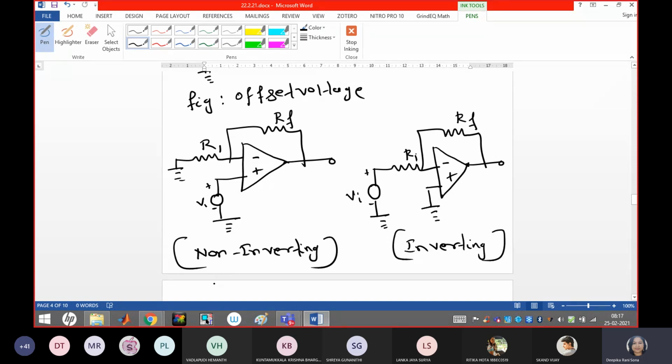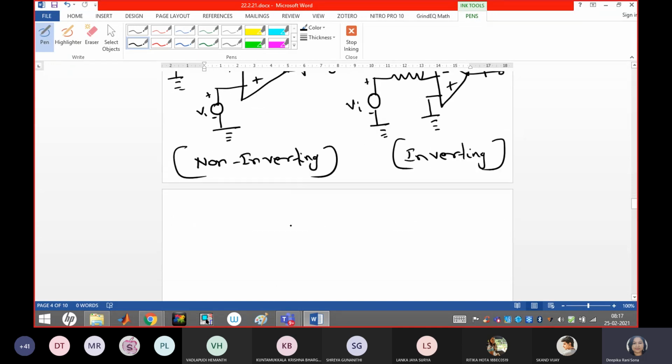Now we will analyze the effect of VIOS on the output of both non-inverting and inverting op-amps. So let's consider any one type. Suppose we consider the non-inverting type.